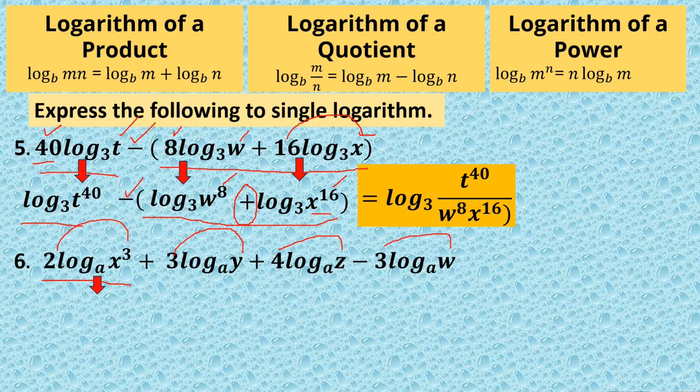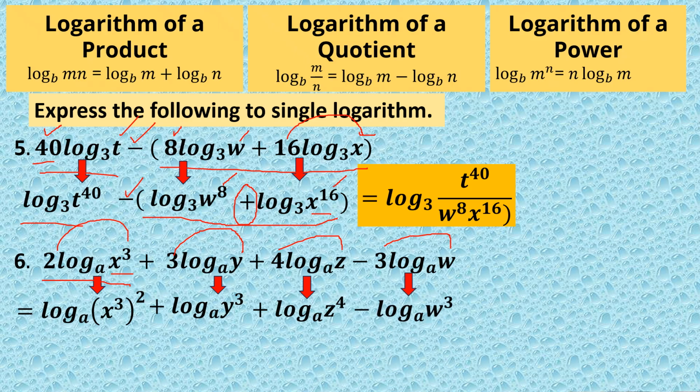So remember that x cubed is our term in there, and since there is a 2 there, that means x cubed to the power of 2, and next the 3 becomes the power of y, while that 4 log z to the base a becomes log of z to the 4 to the base a, and that minus the 3 will be the power of w.